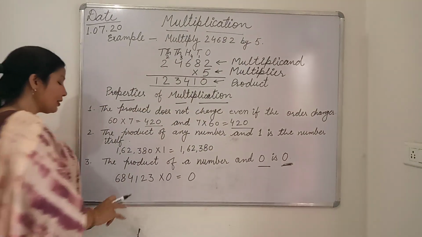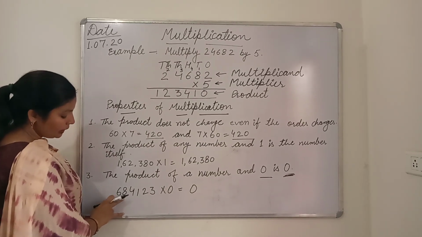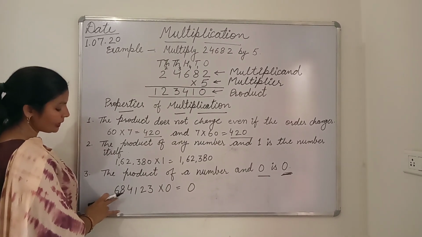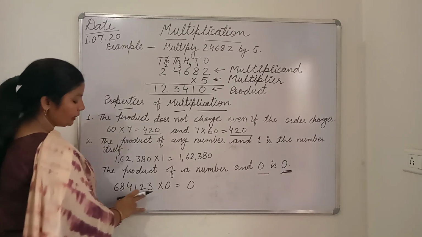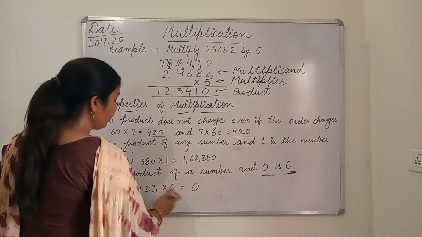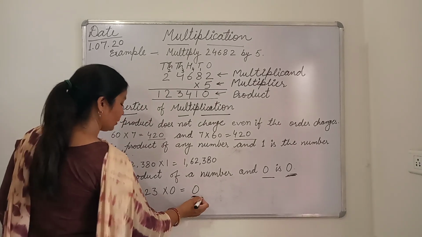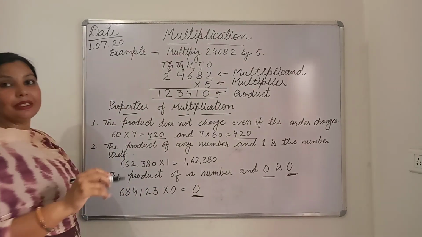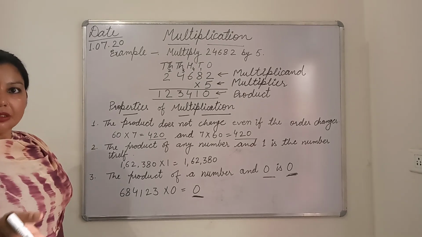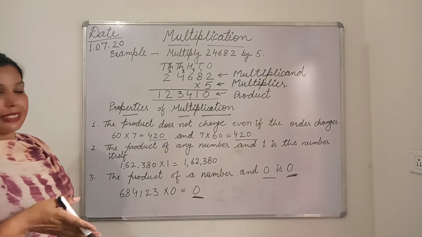Okay, so see the example given here: 6,84,123 multiplied by 0. When we multiply by 0, we get the answer 0. Whenever we multiply by 1, we get the number itself.